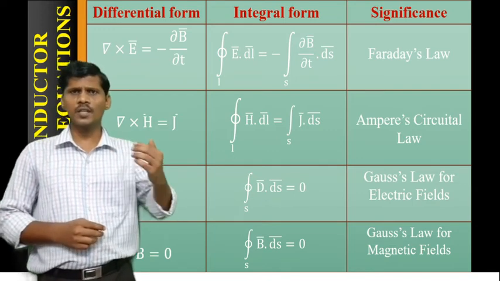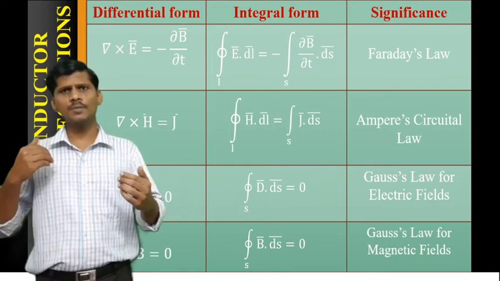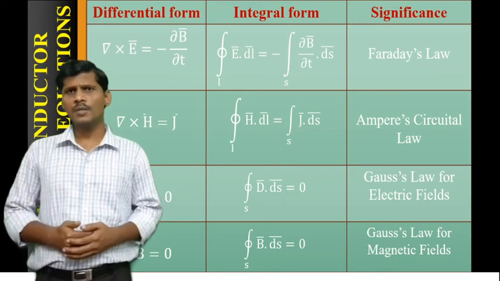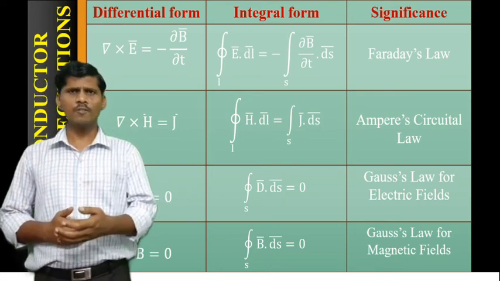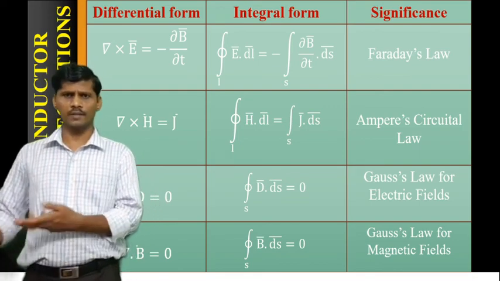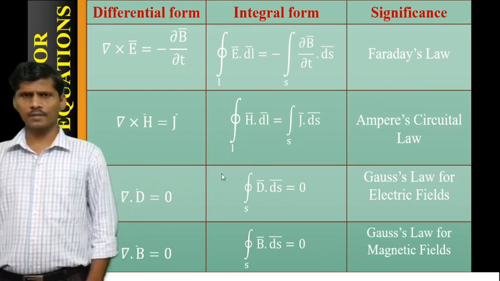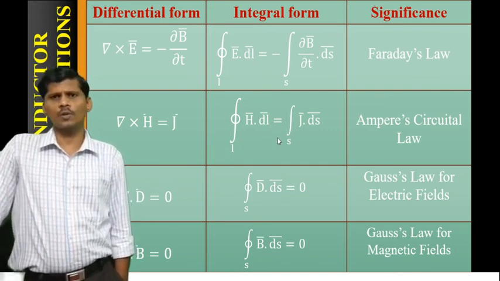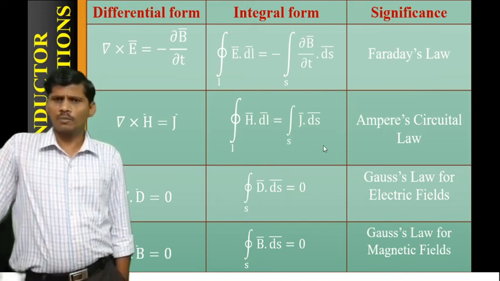Compared to the conduction current density, the displacement current density is very small, so we neglect the displacement current density. The resultant expression is del cross H bar is equal to J bar, and in integral form, closed line integral of H bar dot dl bar is equal to open surface integral of J bar dot ds bar.